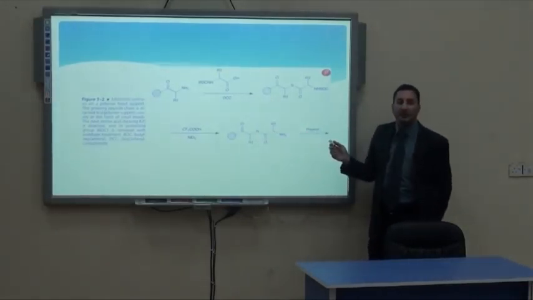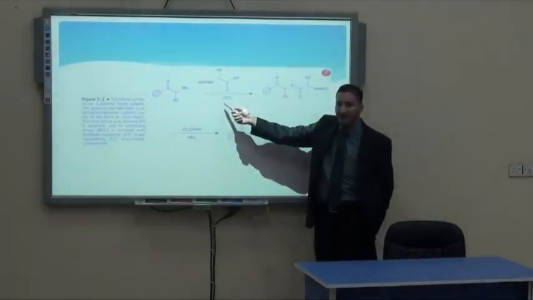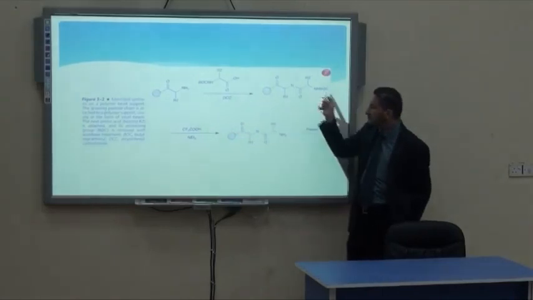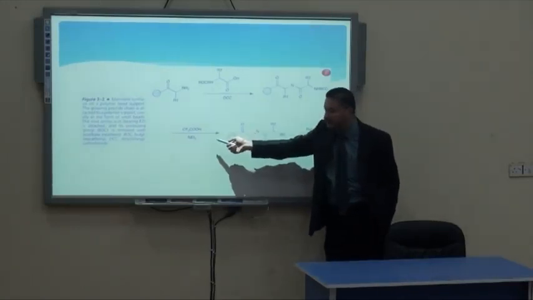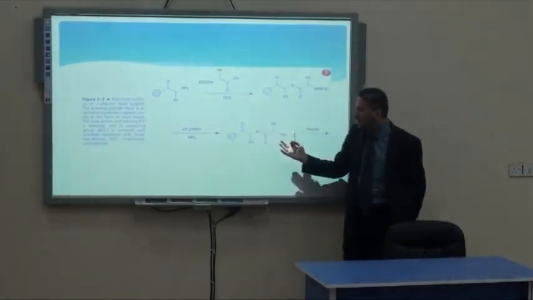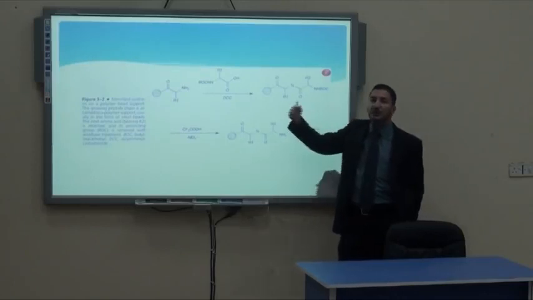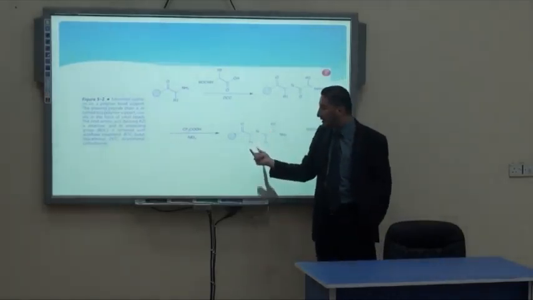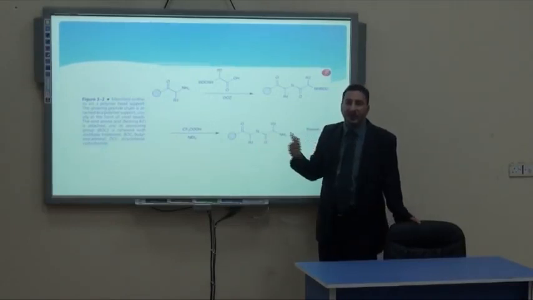And repeat: addition of a protected amino acid in the presence of DCC results in a fully protected tripeptide, removal of the amino protection results in a tripeptide with free amine, and repeat and so on until it reaches the specific number I need. Automated process.